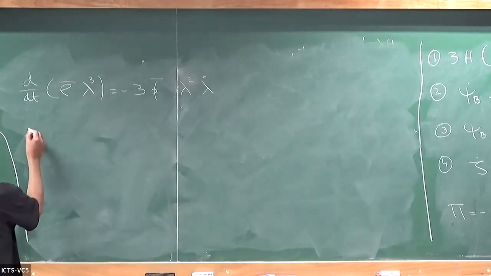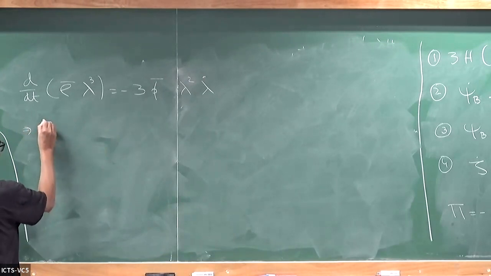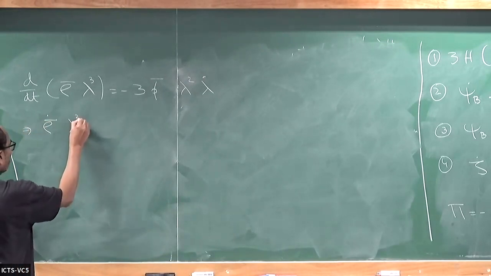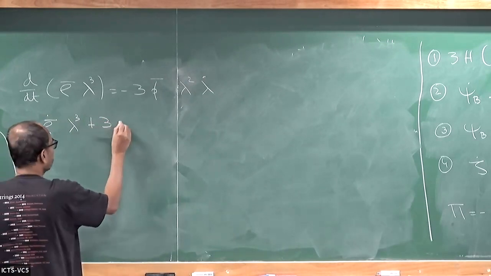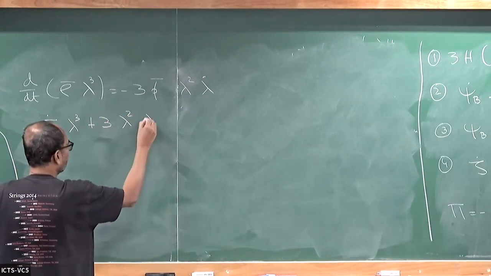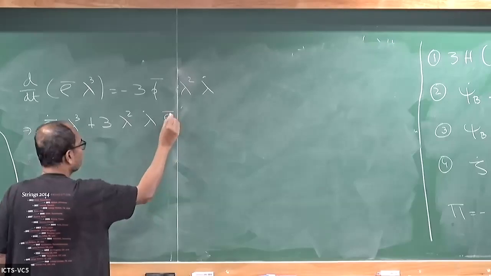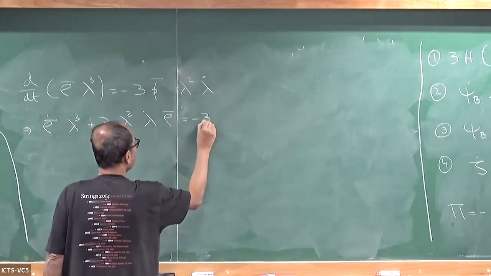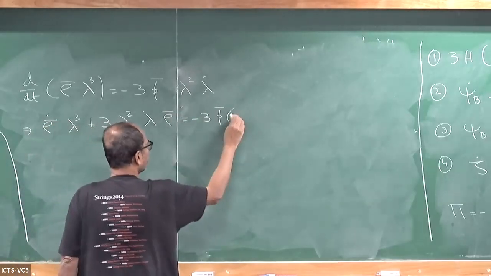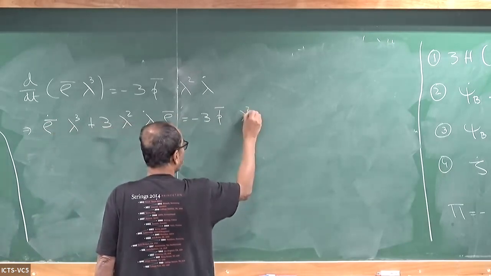So this gives us rho bar dot lambda cube plus 3 lambda square lambda dot times rho bar is equal to minus 3 p bar lambda square lambda dot.